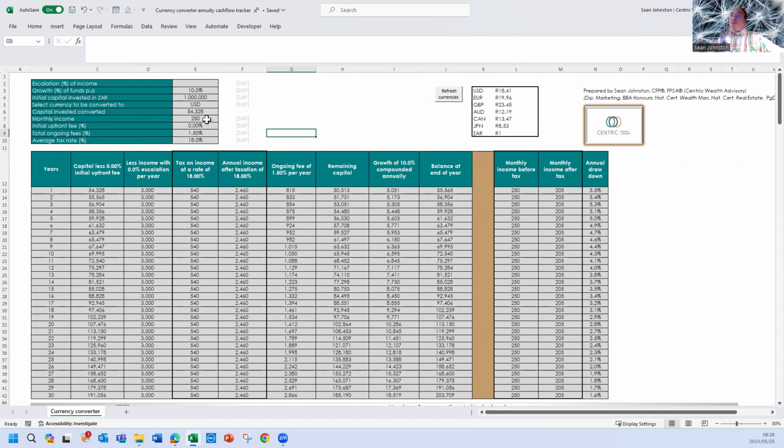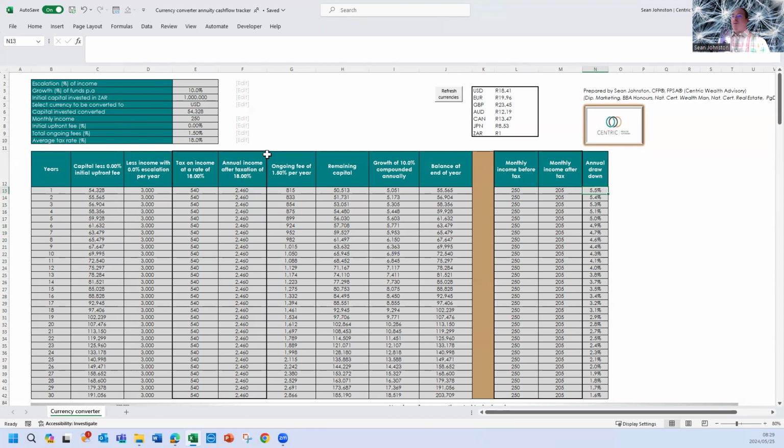But let's say you take $250 a month, which is $3,000 for the year. That's an annual drawdown in dollar terms of 5.5%. And as time goes by, because you are getting your 10% compounding, thankfully your money is growing, because you're drawing down relative to the return, which is higher. Obviously, if you're growing at 10% and you're drawing down 5.5%, you're growing your money. Very simple.